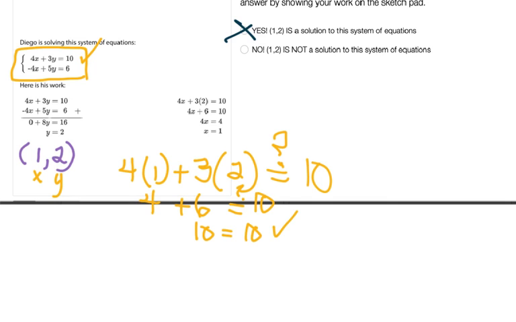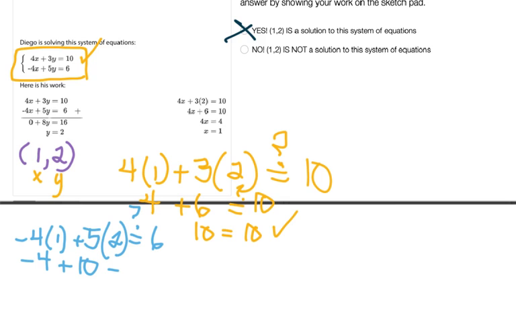Let's verify the second one. So I'm going to use negative 4x, and I'm going to multiply again by 1, and I'm going to add 5 times 2, and I want to know, does that equal 6? Well, negative 4 times 1 is negative 4, plus 5 times 2 is 10. And does that equal 6?